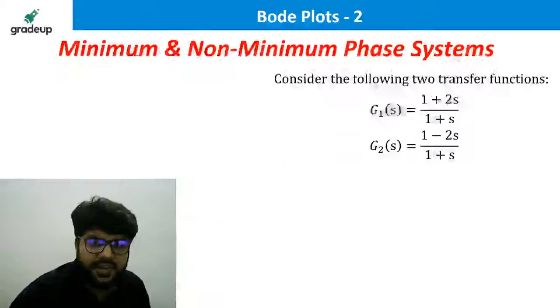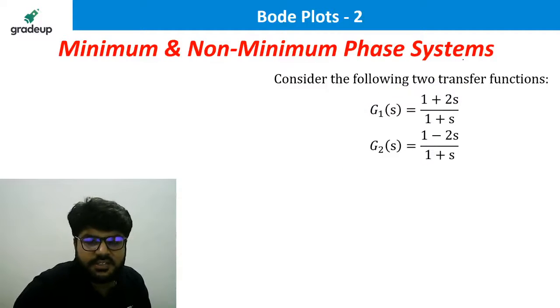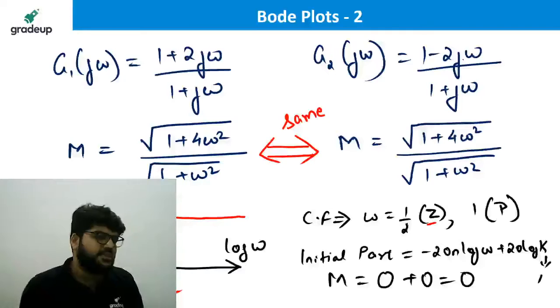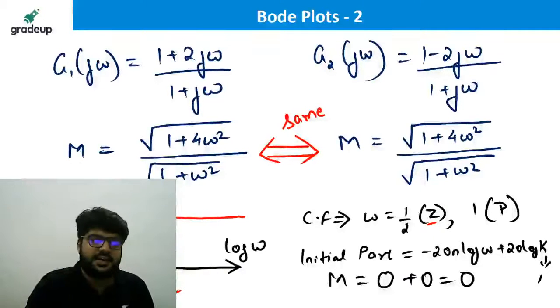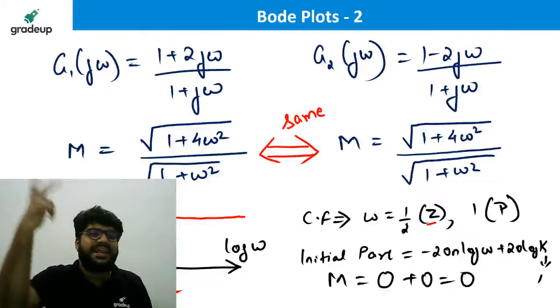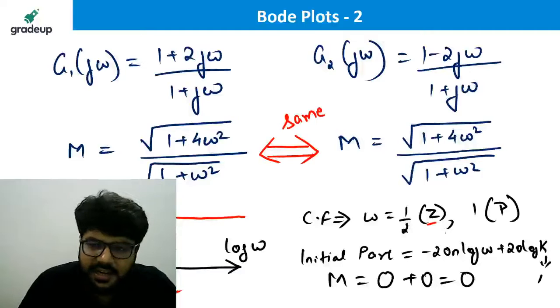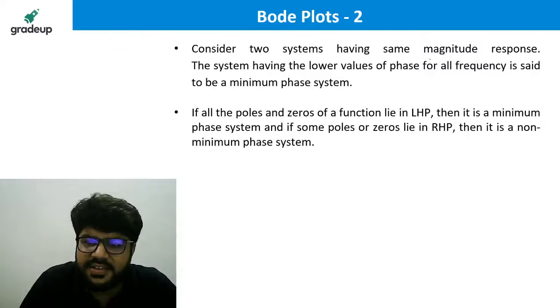But to compare the phase of two systems, firstly I have taken two systems having the same magnitude response, as we have considered. The phase of the two systems are compared considering they are equal on the magnitude scale, but they differ on the phase scale.